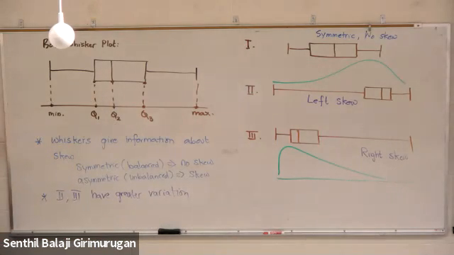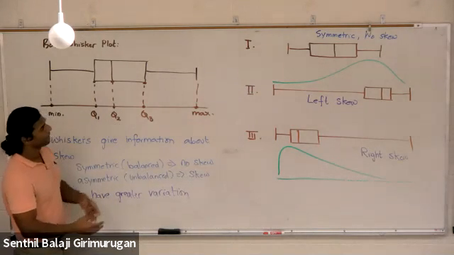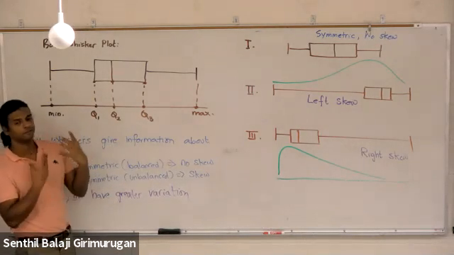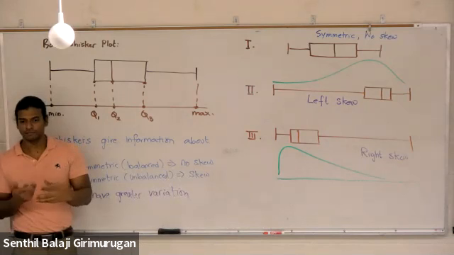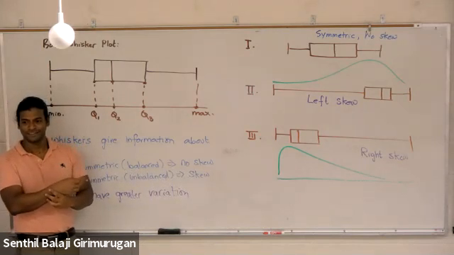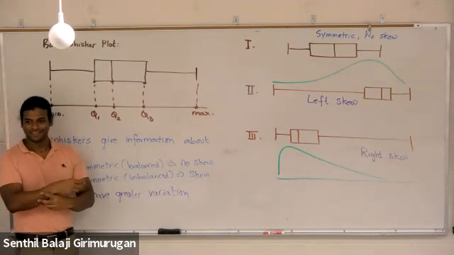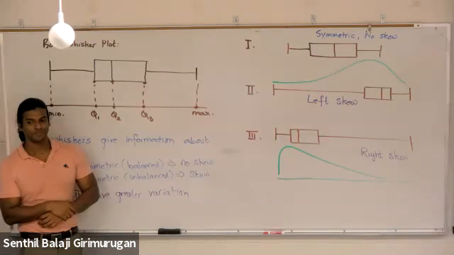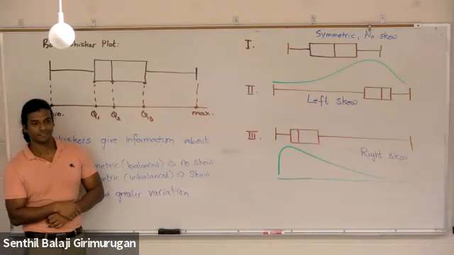How did you get to that conclusion that they have greater variation compared to the first one? What gave it away? That's true. What does this mean? It's asymmetric. It's not symmetric.